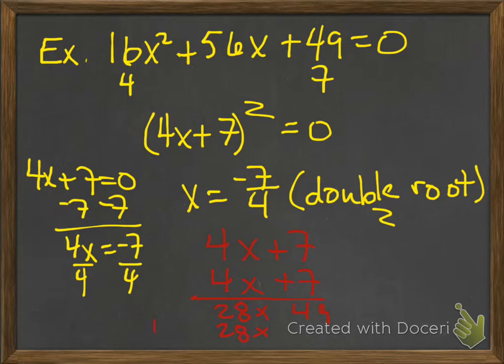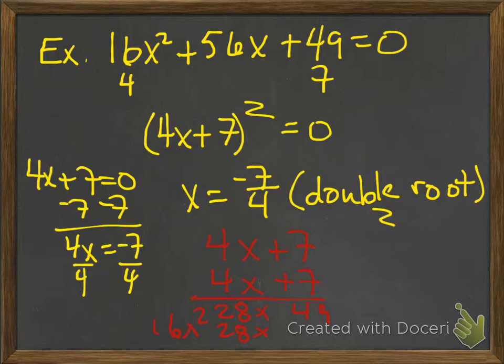And 4 times 4 is 16x squared. I got the 16x squared. 28 plus 28 is 56, and the 49 is already there. So really, I don't need the 56 to help me with the factor. It's there, and we'll see how we get to that in chapter 6.